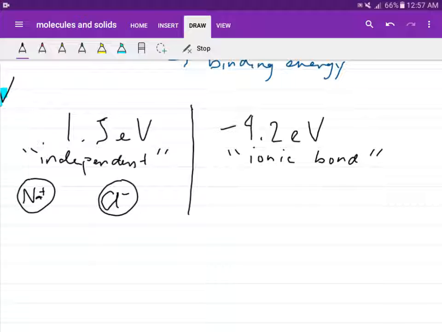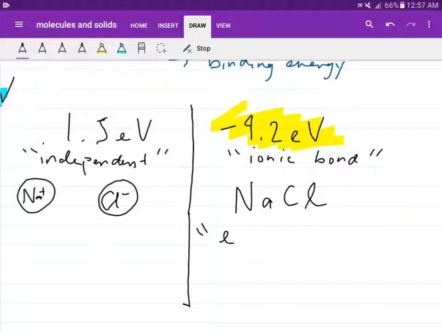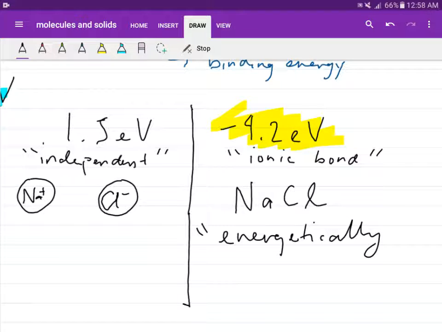In the case that they form an ionic bond, NaCl, this minus 4.2 electron volts is way more likely to happen because this is energetically more favorable.